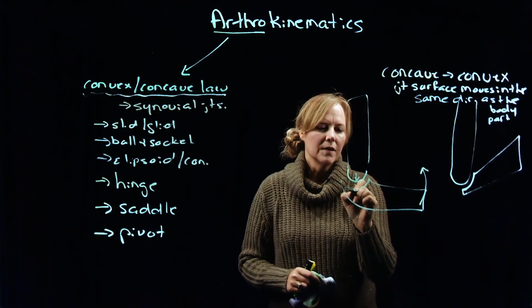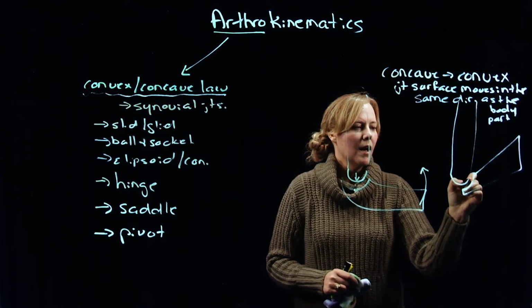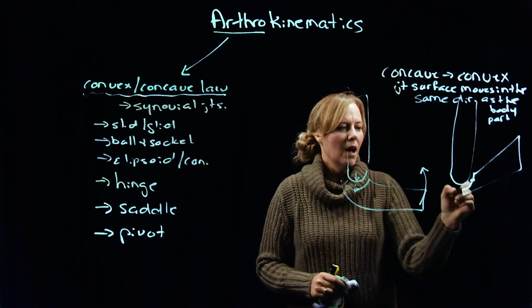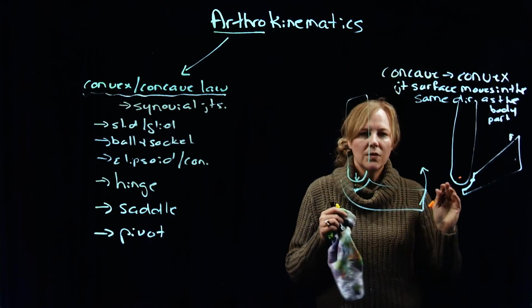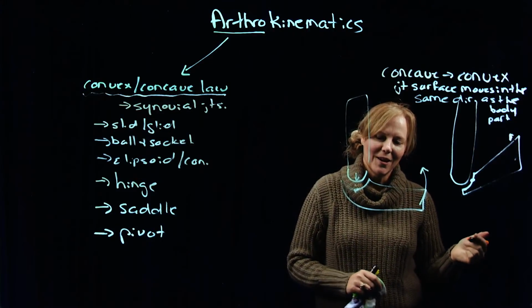So let's look at the joint surface, and let's look, it's gone from here up to here. So it has moved up. The body part has gone up and it's gone up. So they're moving in the same direction, and that's the convex-concave law.